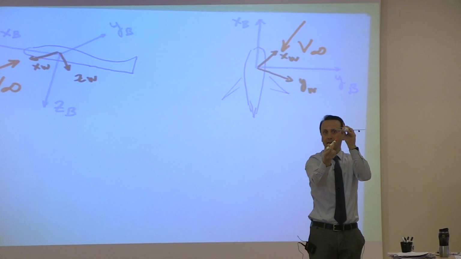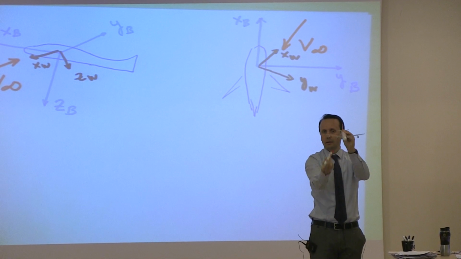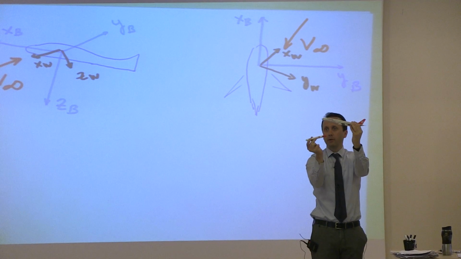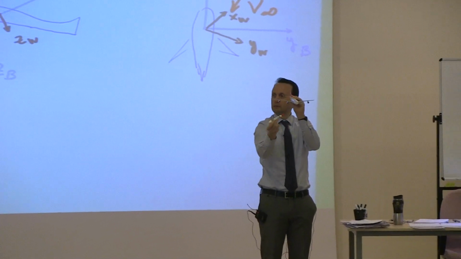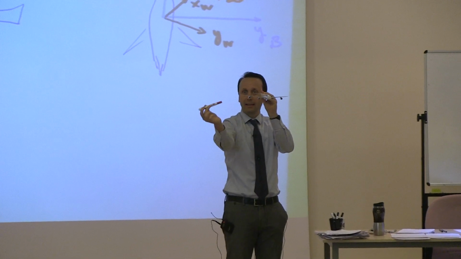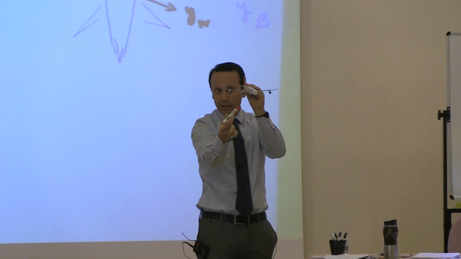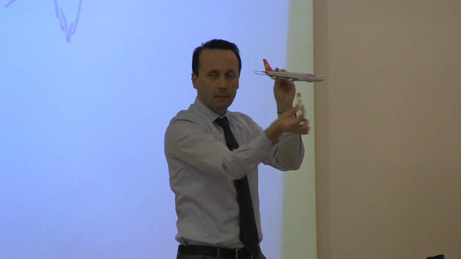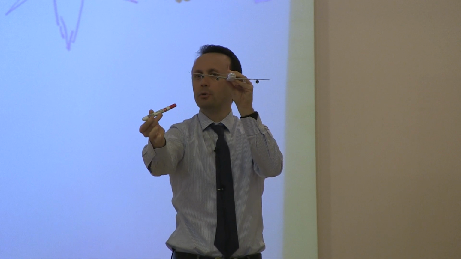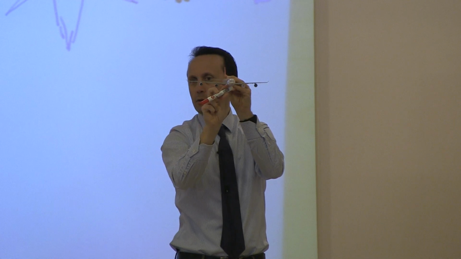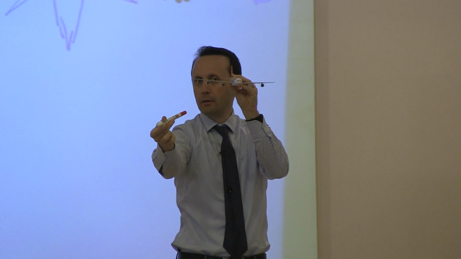A little bit from the side, and a little bit from the bottom. Not like this, not like that, but like that in 3 dimensions. You understand that? So therefore, xw is pointing in this direction.